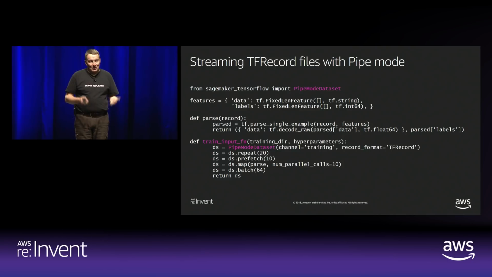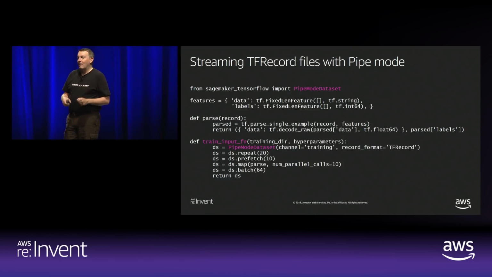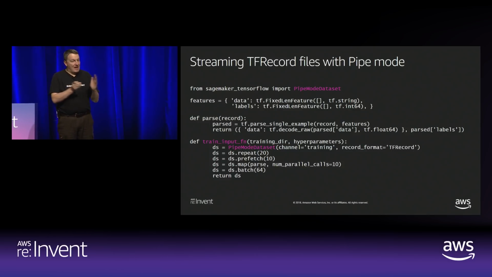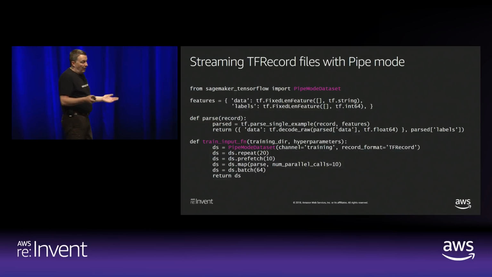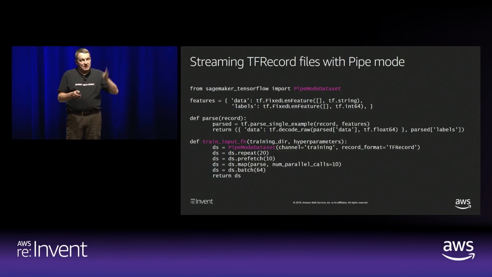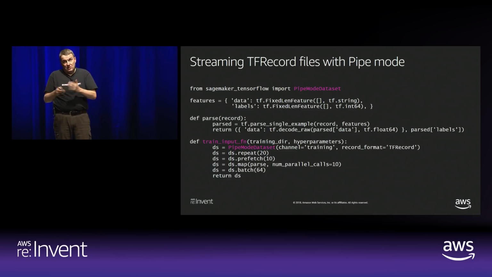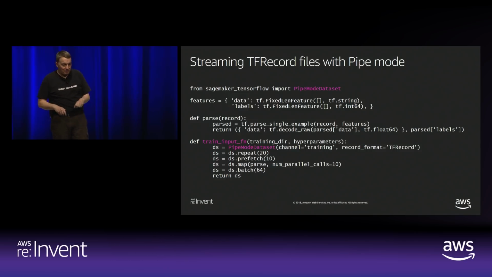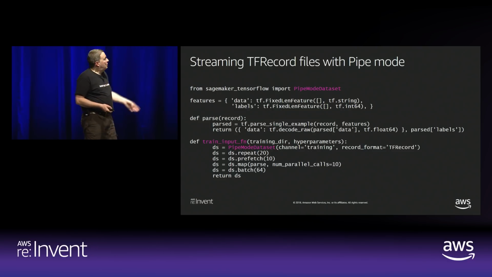So what you usually do is use the TF record file format, which packs the different samples, the different images, into files that have a record structure. The benefit here is that you have fewer files, possibly one single file containing the whole data set. And since it has a record structure, it's easy to split, which is what you want to do if you are going to distribute it and stream it to different instances.